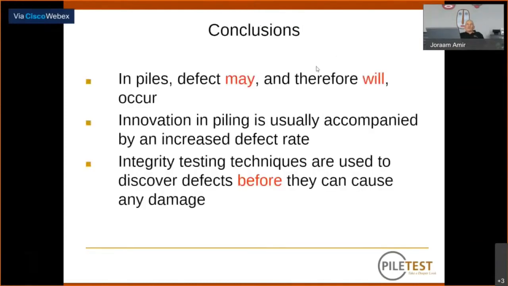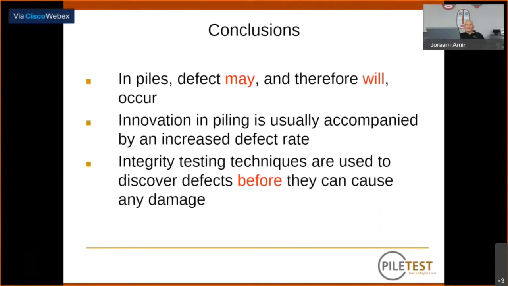And some conclusions. First of all, in piles, defects may and therefore will occur. So I hope you didn't have any illusions until today, but if you have, you can forget your illusions. There are defects. Moreover, innovation in piling is usually accompanied by an increased defect rate.